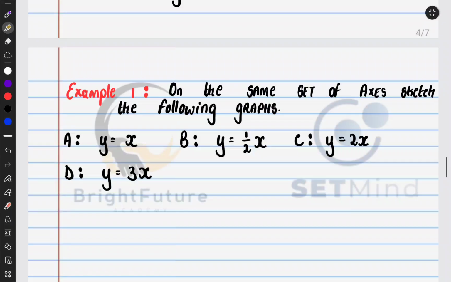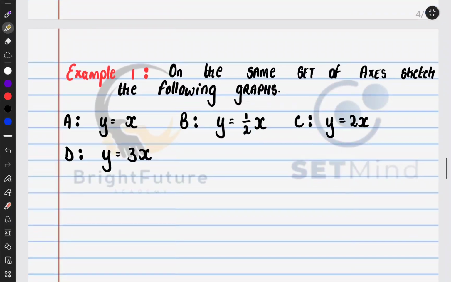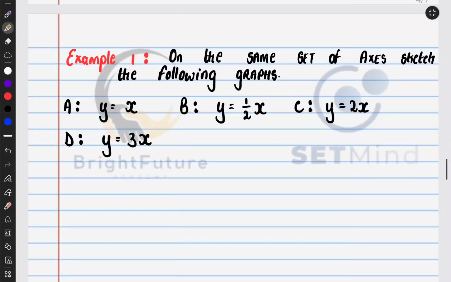Okay, so let's quickly do these examples now, to put into action and show the effects of the different values of a and the different values of q. Here we are just playing with the value of a.